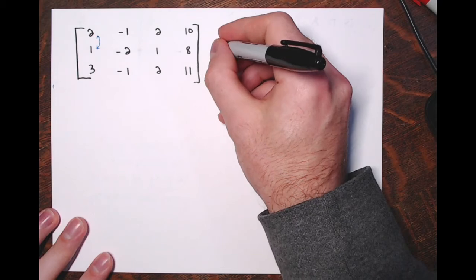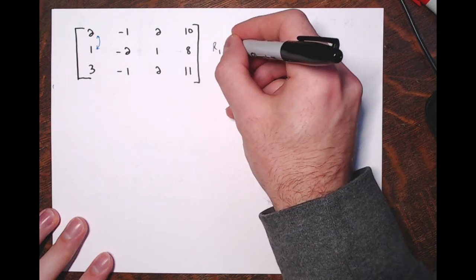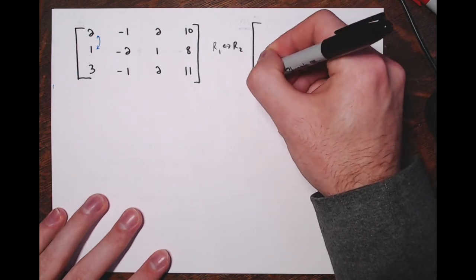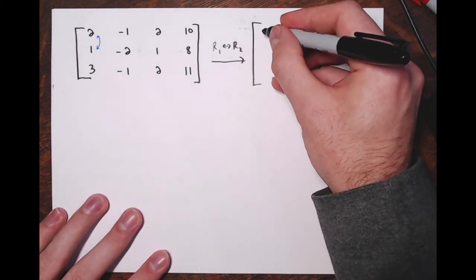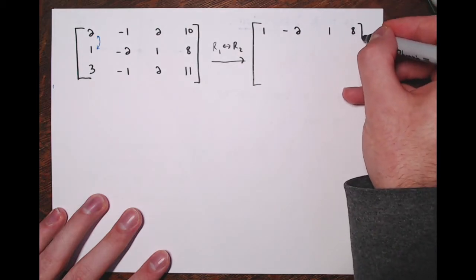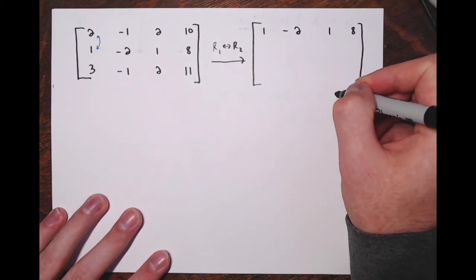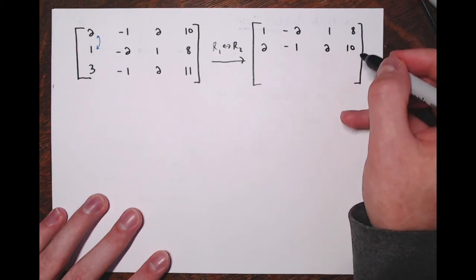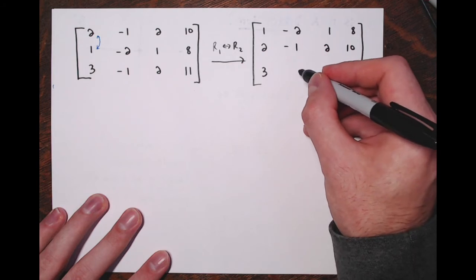So I'm going to switch row 1 with row 2, and that leads me to here. That's 1, negative 2, 1, 8 in the first row now, then 2, negative 1, 2, 10 in the second row, and the third row I didn't do anything with.